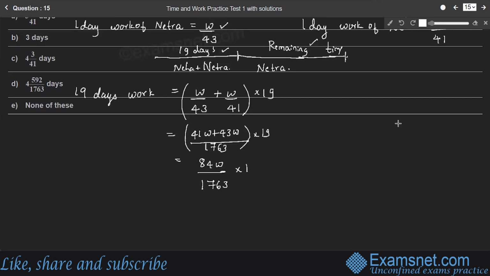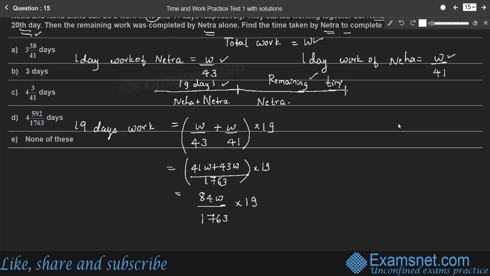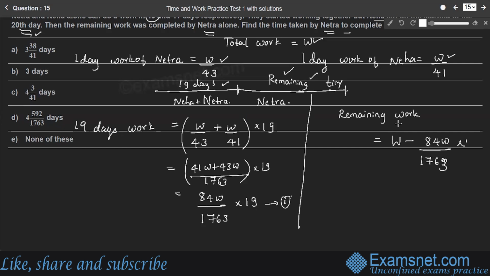Is 1763 divisible by 19? No, not completely. We'll leave it as it is. So the 19 days work is this much, equation 1. So what is the remaining work? The remaining work is equal to total work W minus the 19 days work, so W minus 84W by 1763 into 19.